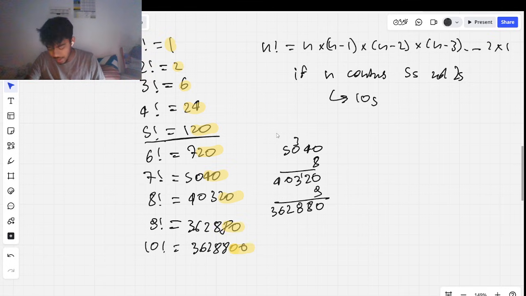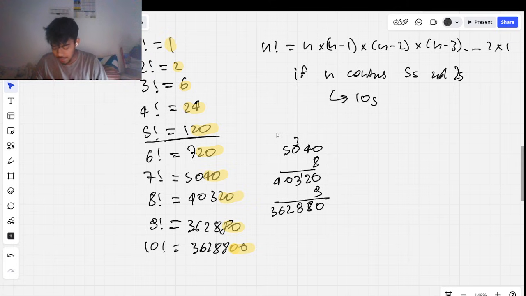Actually, I know 11 factorial is going to have 2 zeros at the end. 12 factorial is going to have 2 zeros at the end. 15 factorial is actually going to have 3 zeros at the end, and so on. So I don't have to bother thinking about all the way to 2023.